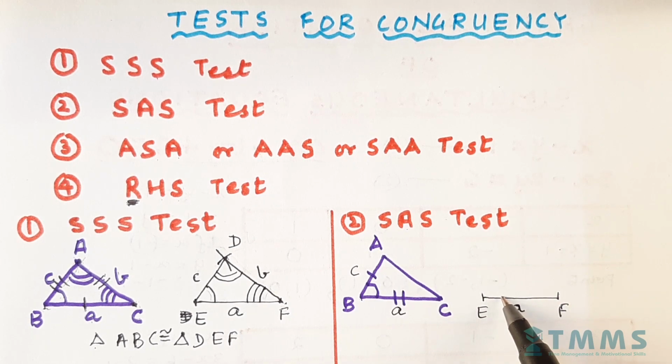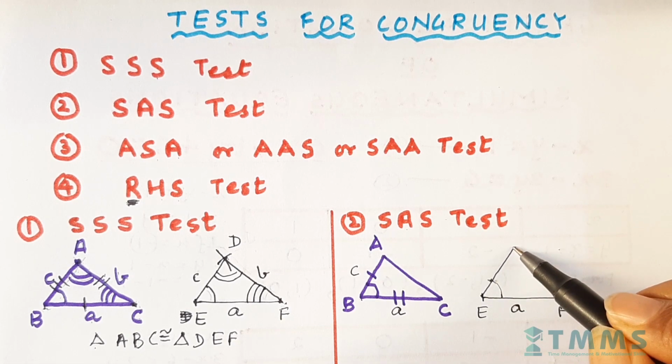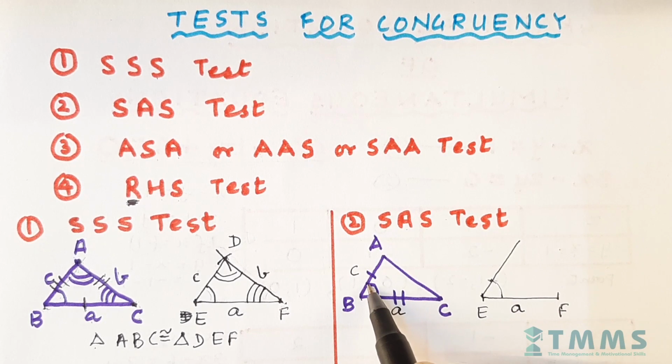Then I will use the protractor and I'll measure exactly the same angle, and this angle here and this angle here, they are equal.